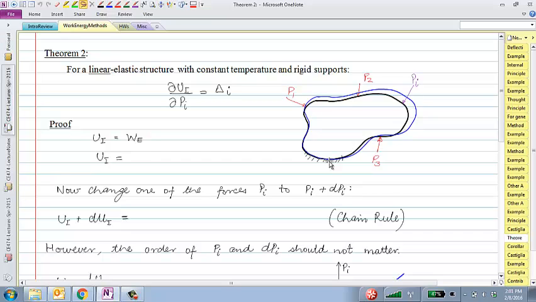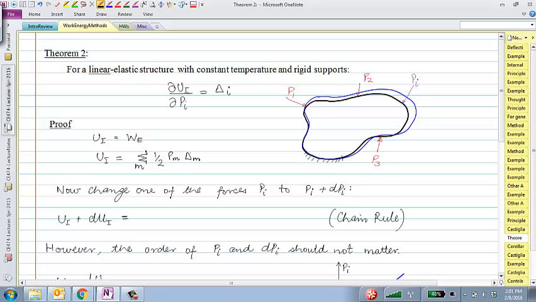The structure slowly deflects to this new blue position. The corresponding displacements are delta 1, delta 2, delta 3. What would be the total external work done during that deformation? Half, right? There has to be half this time. Half P1 delta 1.